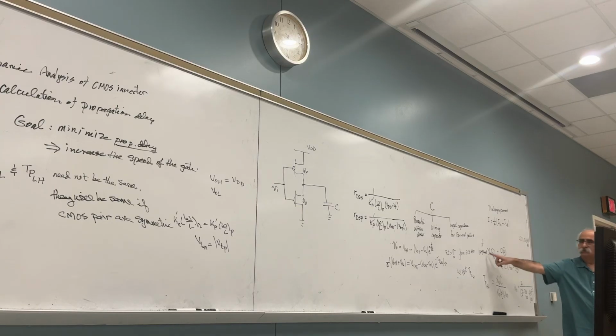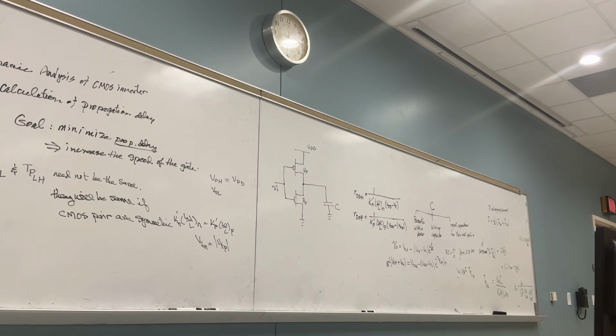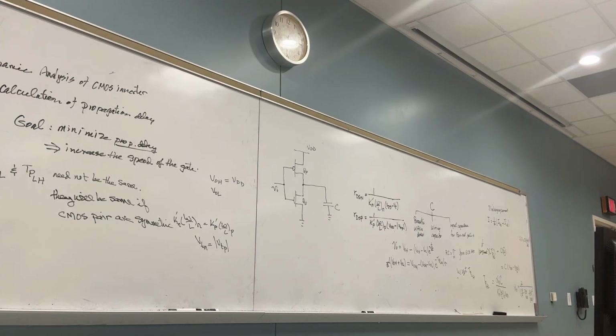As the current is coming from here. Did you get it or not? I calculate this, I get this one, alpha and C over this, and alpha_n is this. This is how you calculate the propagation delay, high to low.